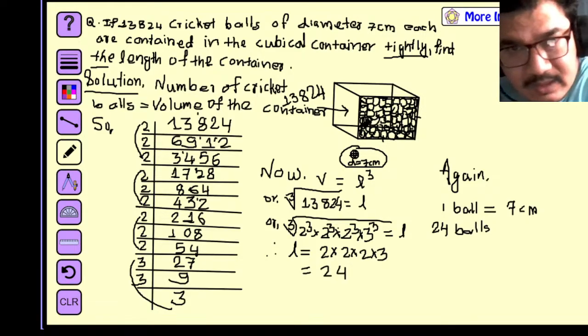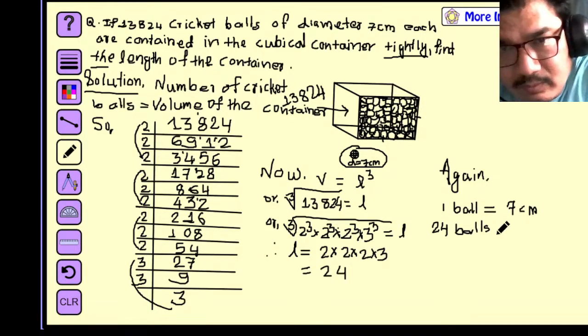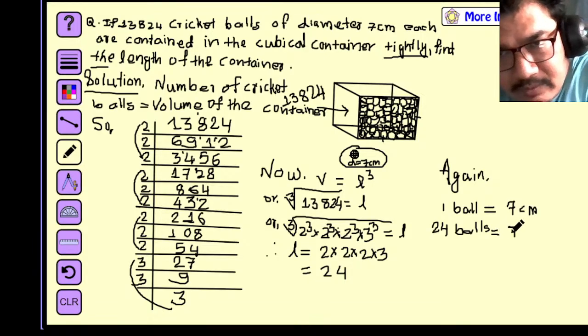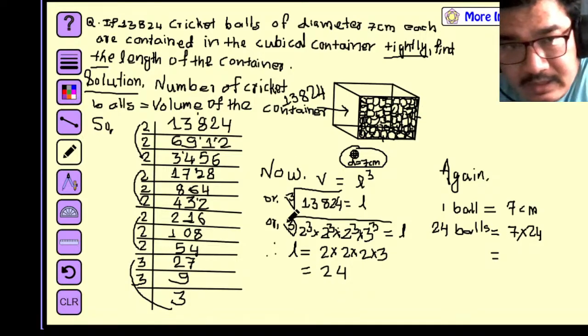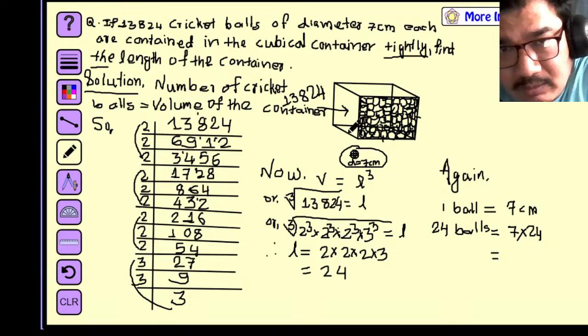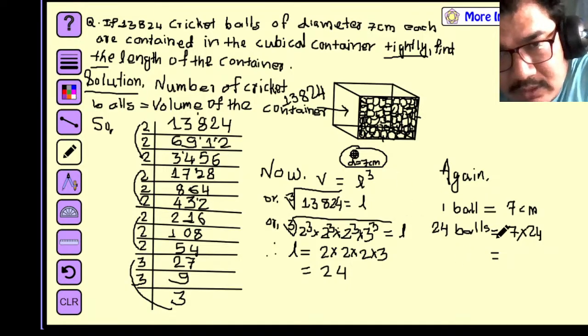So 24 balls equal what will be the length here? 7 multiplied by 24, right? Then the answer comes here.